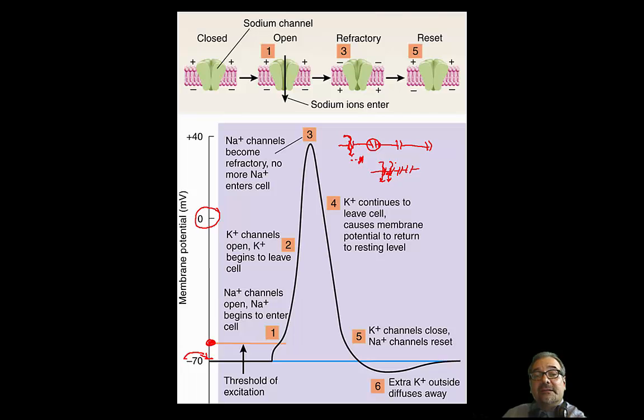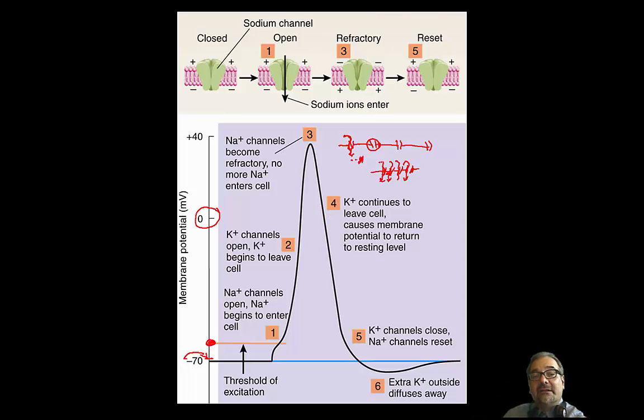And this process tends to cascade because all of these channels are next to each other. Well, there are areas inside a neuron, specifically at the axon hillock and in the nodes of Ranvier, where the channels are really next to each other.